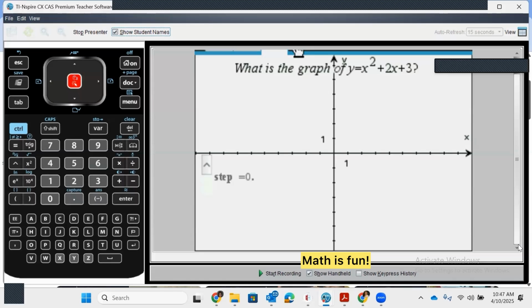So 1 minus 2 plus 3. What's that equal to? 1 minus 2 is -1, plus 3 is 2. So your vertex is -1, comma 2. Now you can step through on your calculator after you write all that down.